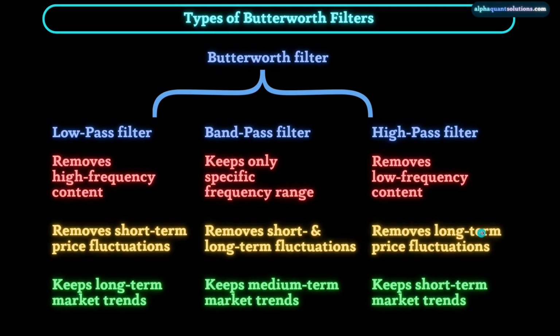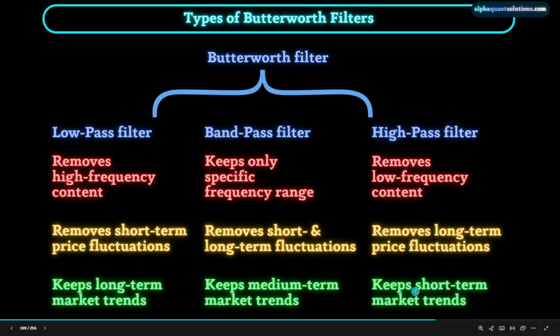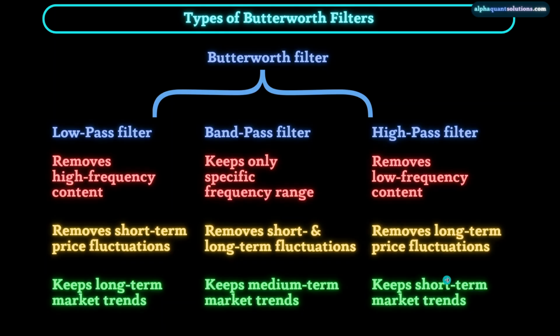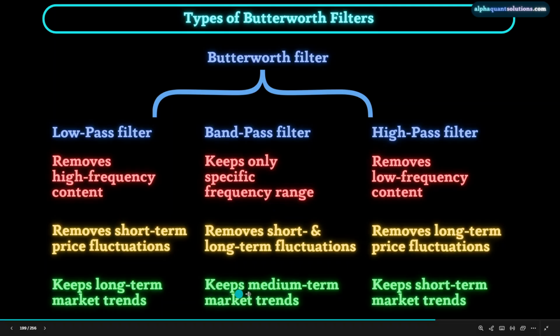So it will remove the long-term price fluctuations, and hence it will only keep the short-term market trends or short-term volatility. It can also be used as a bandpass filter. In this case, it will only keep a specific frequency range between which the signal will be passed. And that can be translated into it only keeping medium-term market trends.